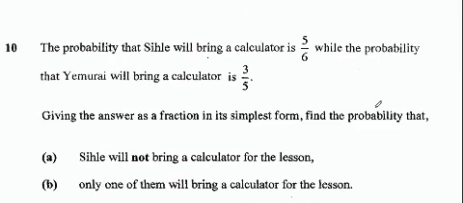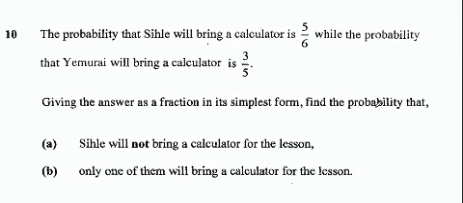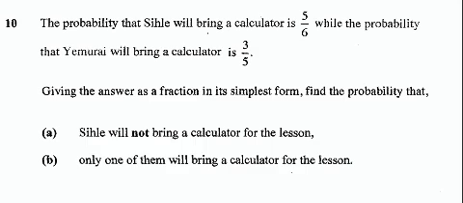Number 10, we have this probability. The probability that Sihle will bring a calculator is 5 over 6, while the probability that Yemurai will bring a calculator is 3 over 5.